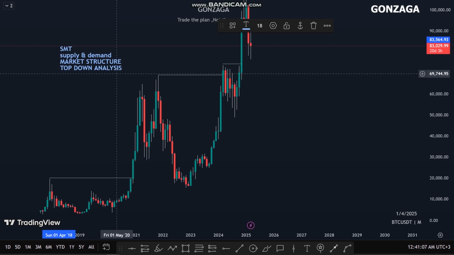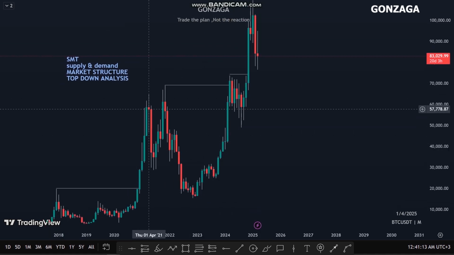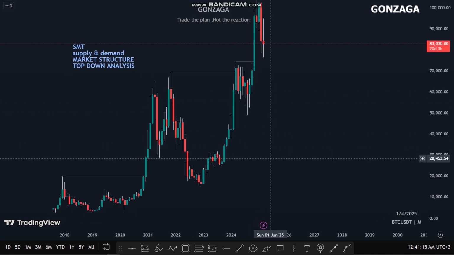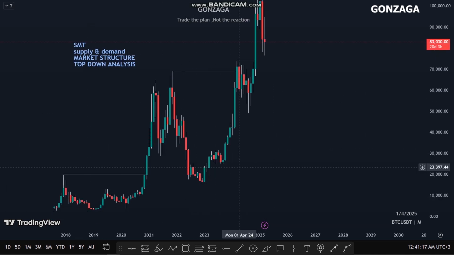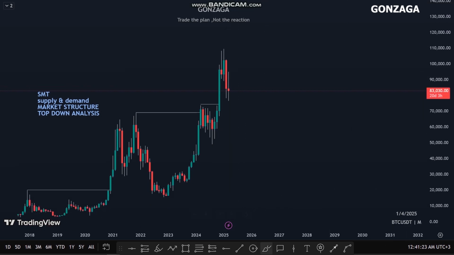As you see, the market has been doing breakout structures and breaking to the upside, meaning this market is in an uptrend. We expected the market to make a higher low as it made a higher high.